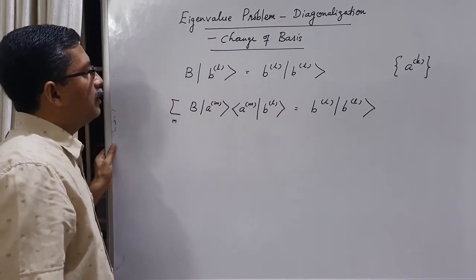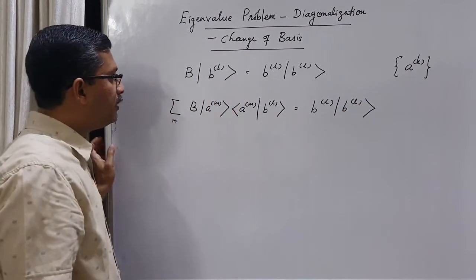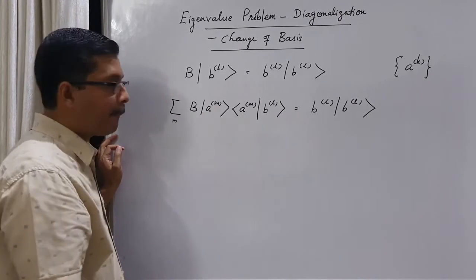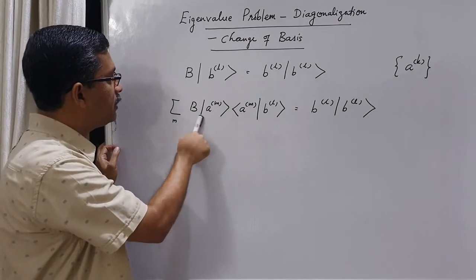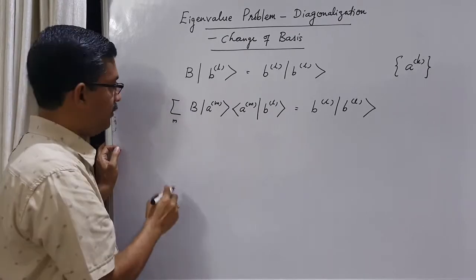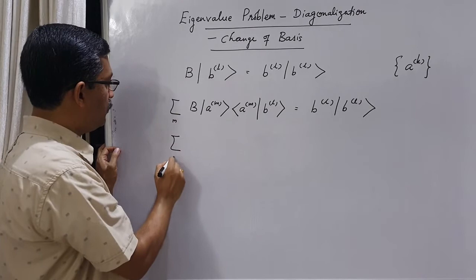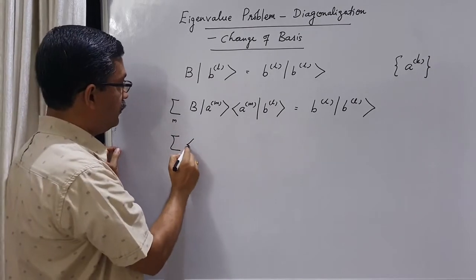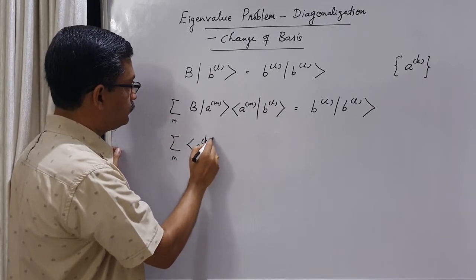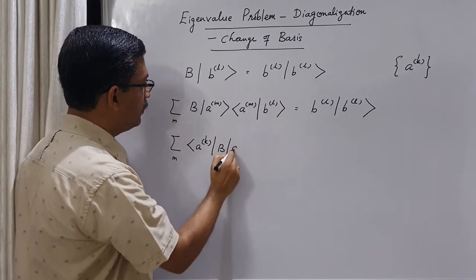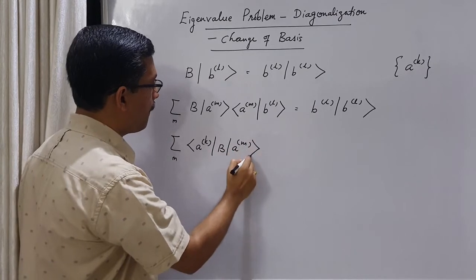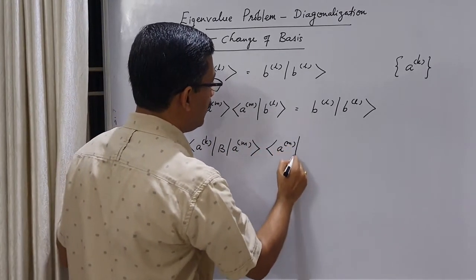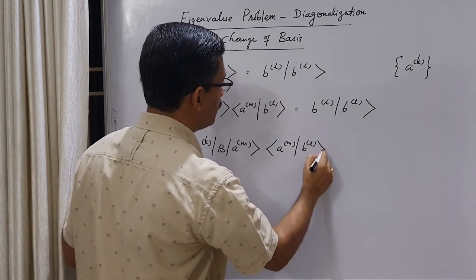Now let us take the inner product with the bra vector AK, so that we get the matrix element of B completely in A. That's the idea. So sum over M, taking the inner product with the bra vector AK on both sides, we have bra AK, B, ket AM, then bra AM, ket BL.